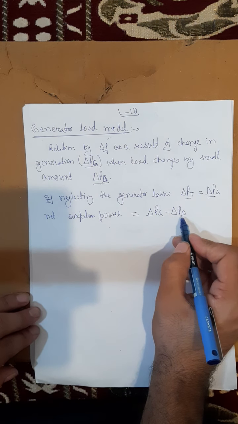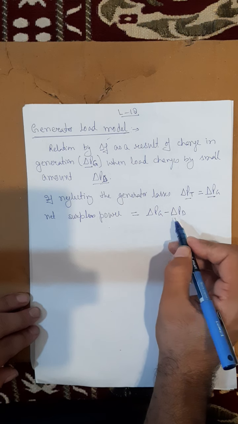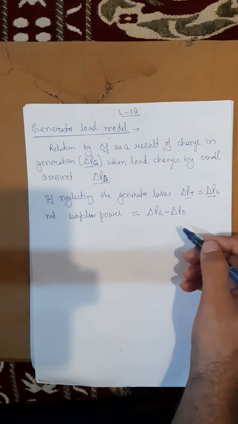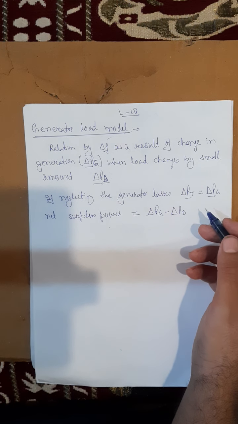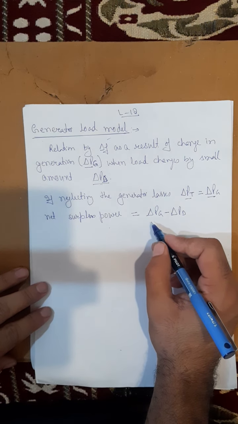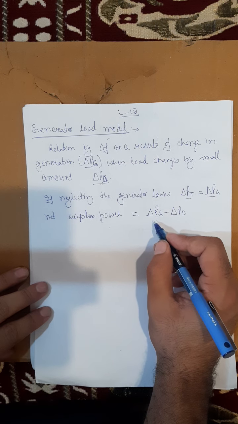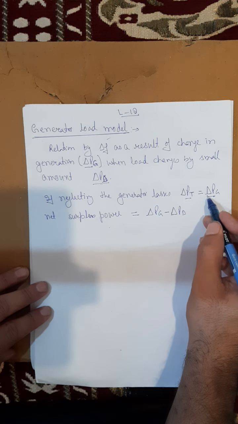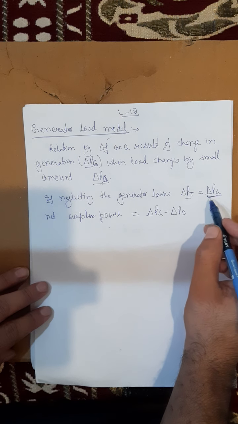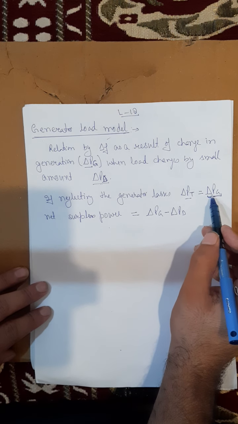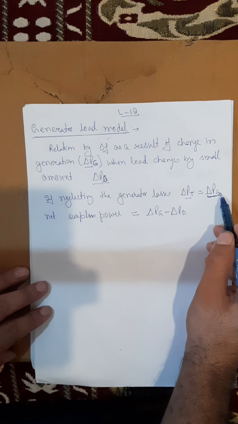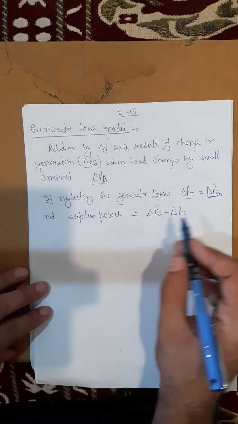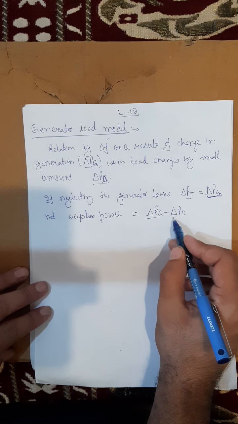The difference between the change in generation and change in demand gives the net incremental power, or net surplus power. Delta Pg is the incremental turbine power output, because losses are neglected, and the surplus power is delta Pg minus delta Pd.